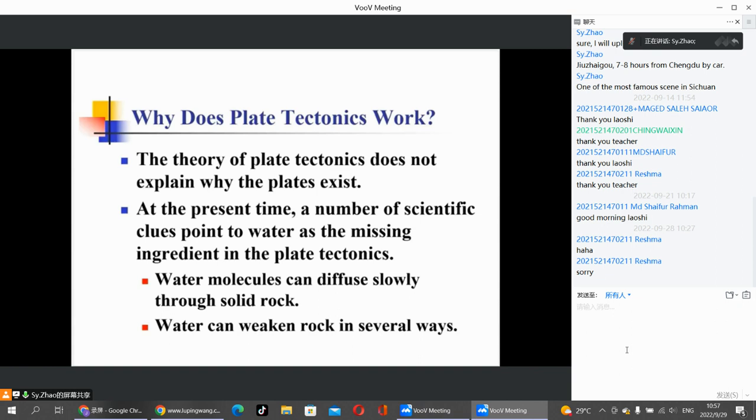All this above is about the knowledge of continental drift and plate tectonics. To be honest, it is difficult to understand even for me. I'm not very professional in plate tectonics, but I just know some of the framework and the generalized picture of it.